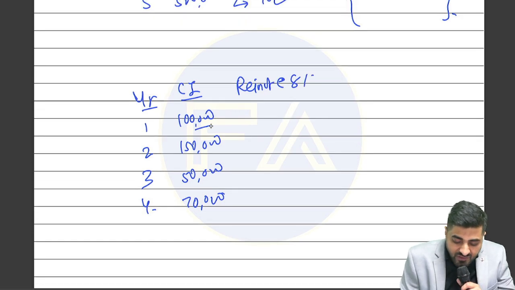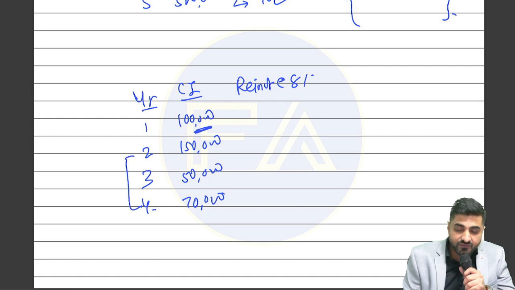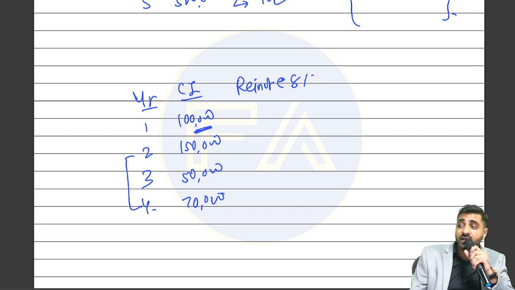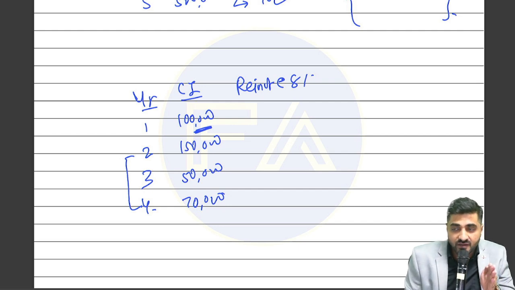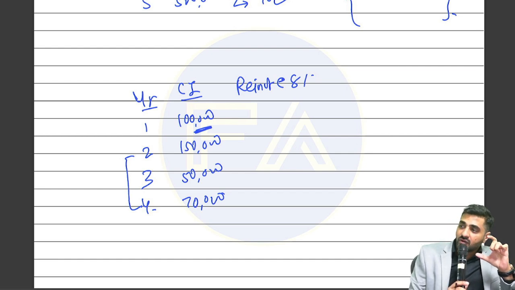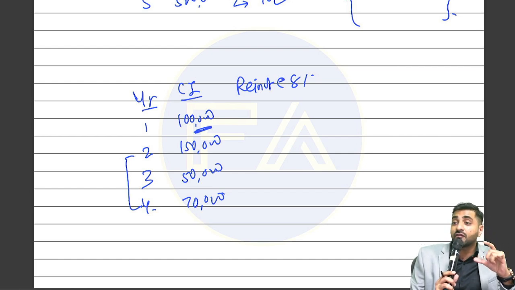Then please tell me, this 1 lakh rupees will be reinvested for how many remaining years? 3 years. Because the project life is 4 years and the first cash inflow which you are receiving is at the end of the first year. Then can I say that we can reinvest that for the remaining period of 3 years?